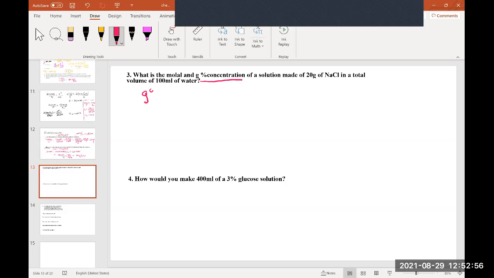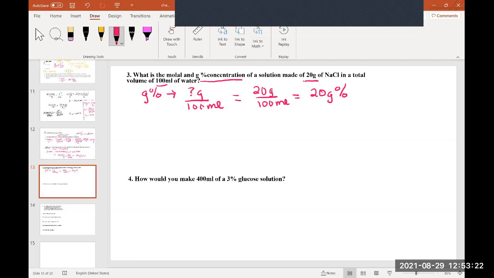Gram percent means how many grams do you have in 100 milliliters of solution? Well, we're told we're putting 20 grams in 100 milliliters, so that's easy. We have 20 grams in 100 milliliters. That means we have a 20 grams percent solution.